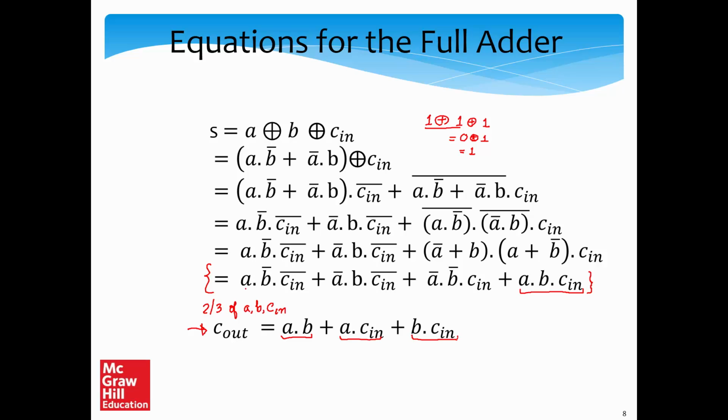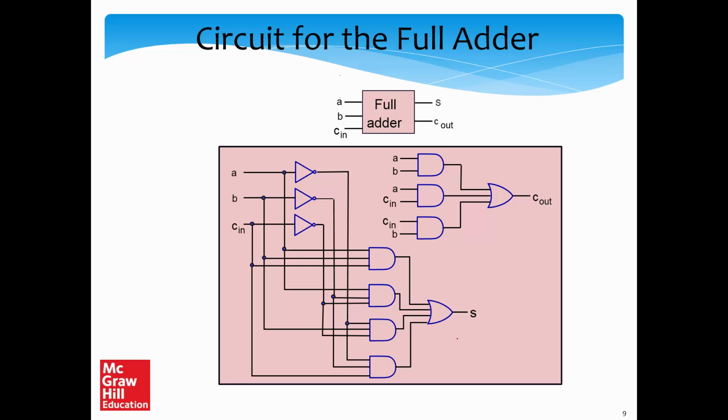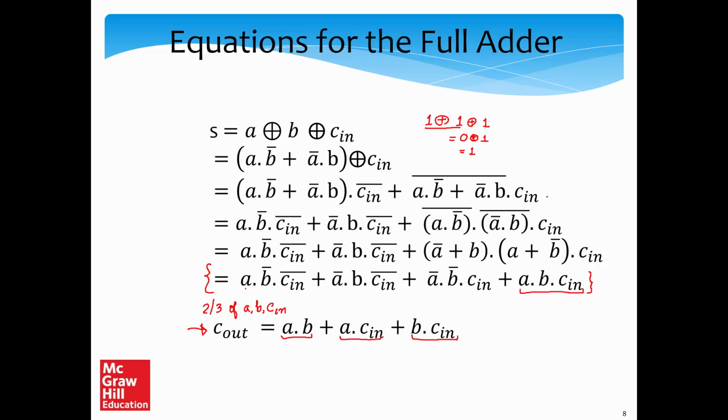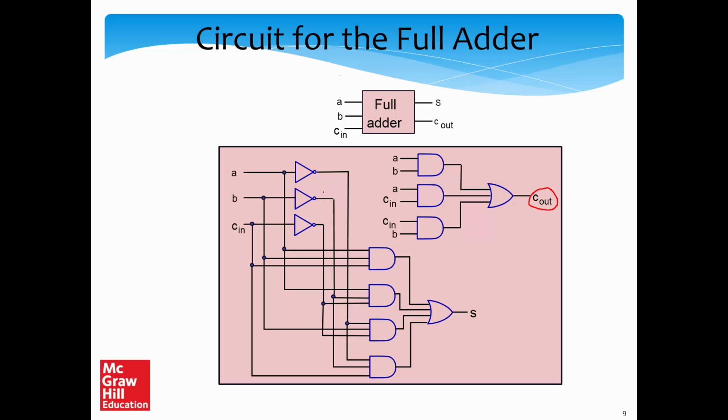So for creating a full adder, we basically need to create a circuit that will realize these Boolean equations in hardware. So this is the circuit of a full adder. Looks complicated, but it's not complicated. Carry out is slightly easier to understand. Carry out is A and B, or A and carry in, or B and carry in.